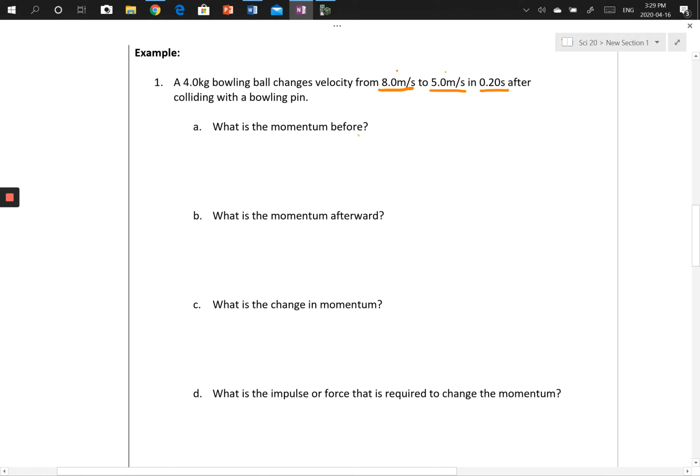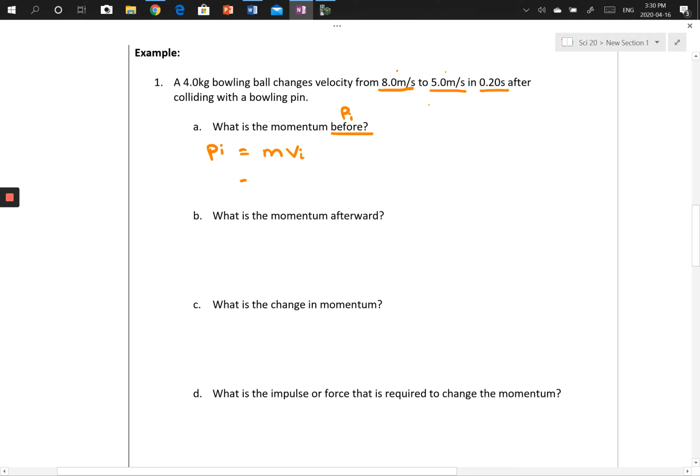So let's look at the momentum before. We want to find the P initial. That's going to be our before, where we get our initial from. Just like calculating any other momentum, it's mass times velocity. I'm going to use V_i here because the initial velocity is there for me.